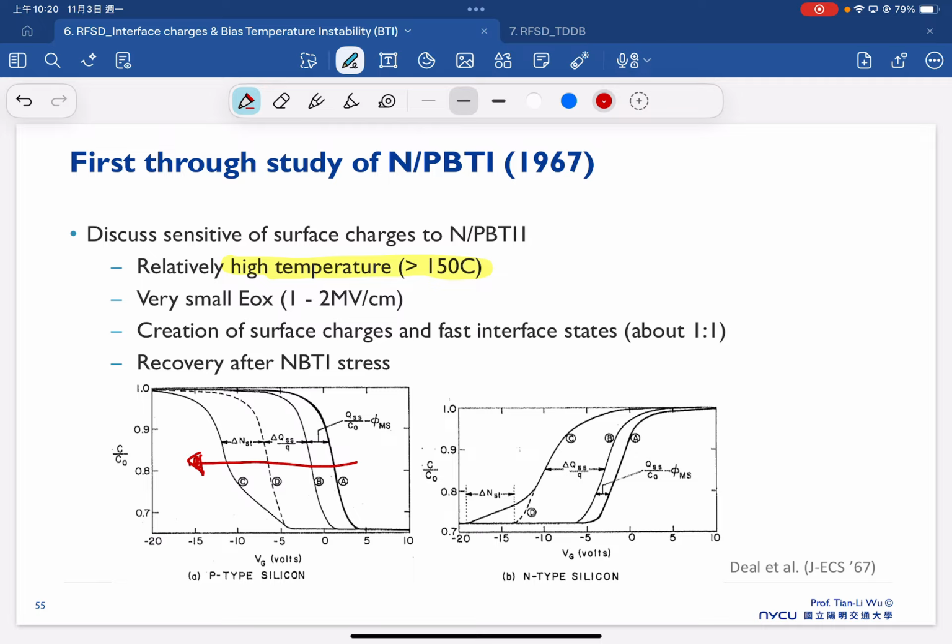That's exactly NBTI. And then on the right hand side we see the positive shift here. That's PBTI. Also at the moment, it was already discovered that the NBTI can be recovered after a certain moment.